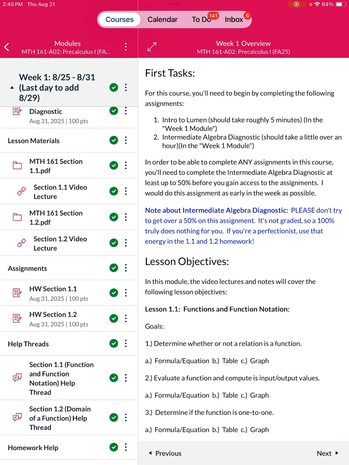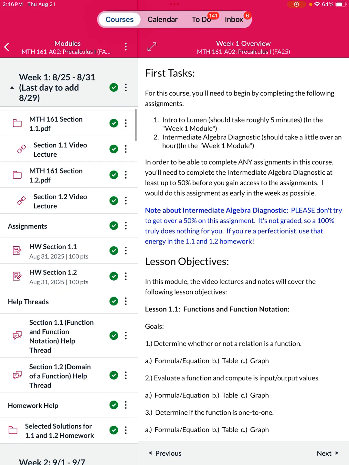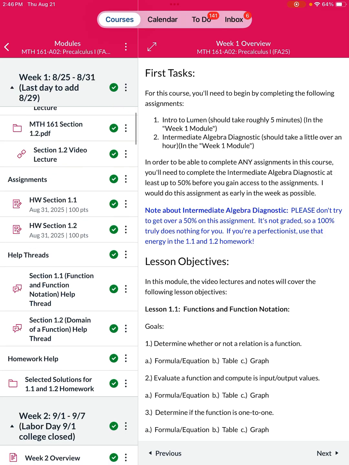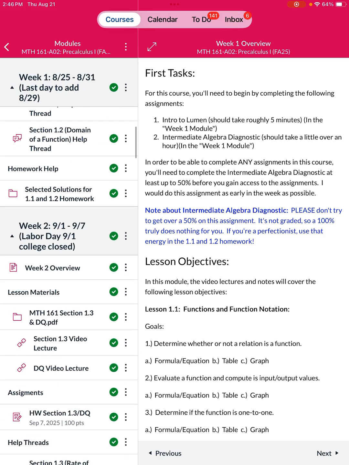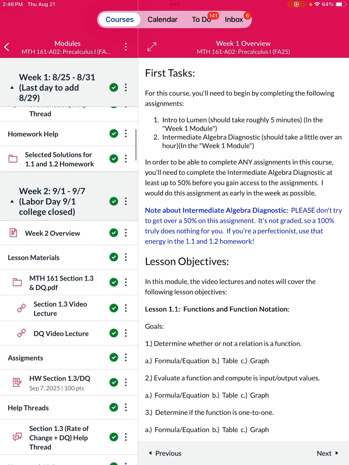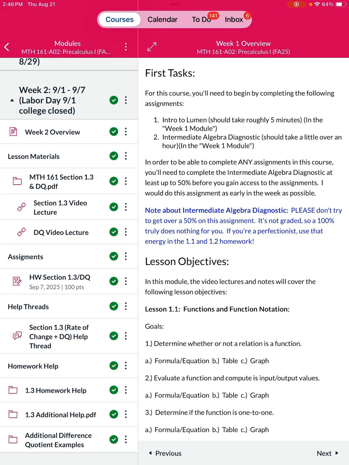So use your late passes wisely, and if you wait on some of the homework so that you're completing them after you already tested on the material, you're not doing yourself any favors. If I could, I would say, hey, you can't do these after the test, but I can't prevent you from that. So, you know, use your late passes wisely.